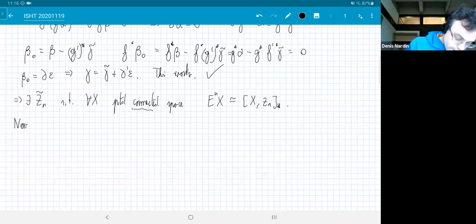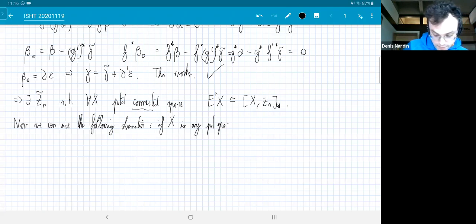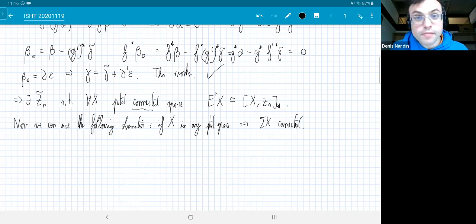But okay, now we can use the following observation. If x is any pointed space, then sigma x is connected. The point is that even if you have 2 connected components in x, you're going to get this in the suspension.